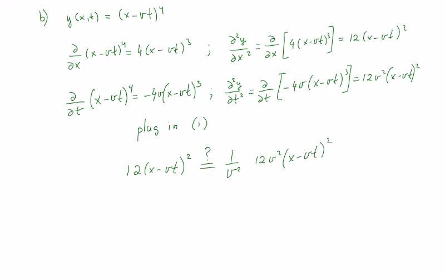Well, the v squared cancel out here, and we can see that the left side and the right side are equal to each other: 12 times (x minus vt) squared. Okay, so yes, this one also satisfies the wave equation.